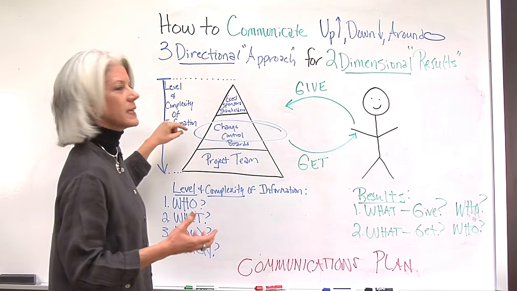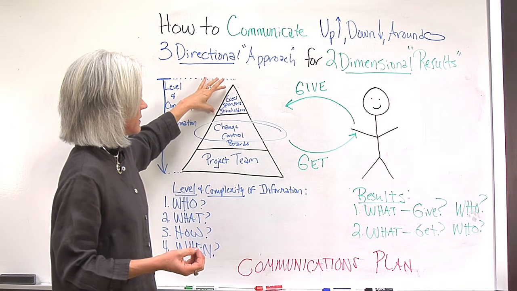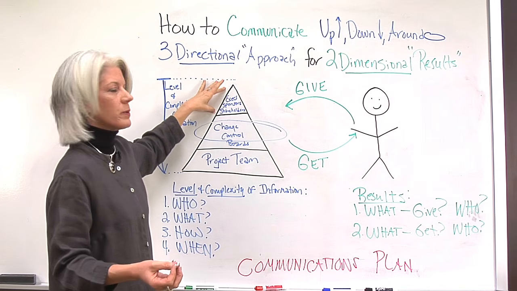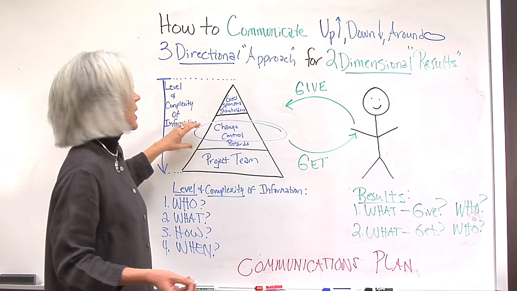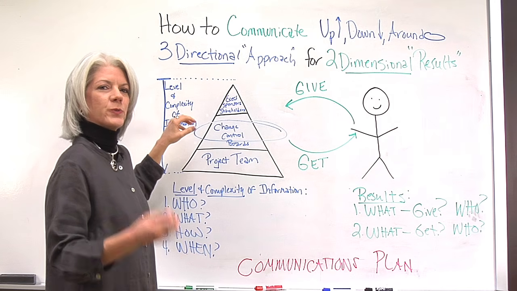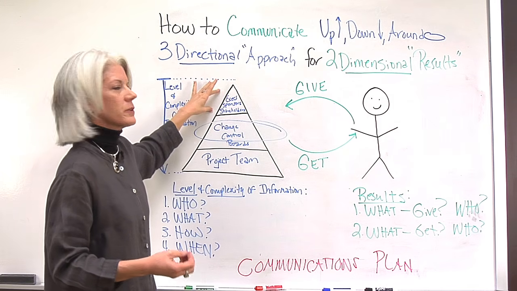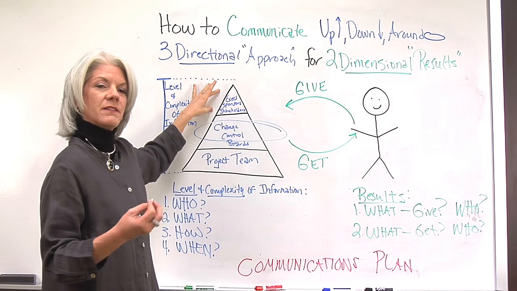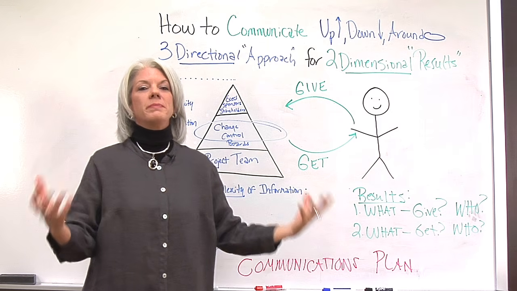So as we look at this pyramid, going from fewer people to an increased number of people doing different jobs, we want to look at the level of complexity of information that's required or needed, which is different. The people at the top are going to need less information and less complexity. They just need to know the big picture.